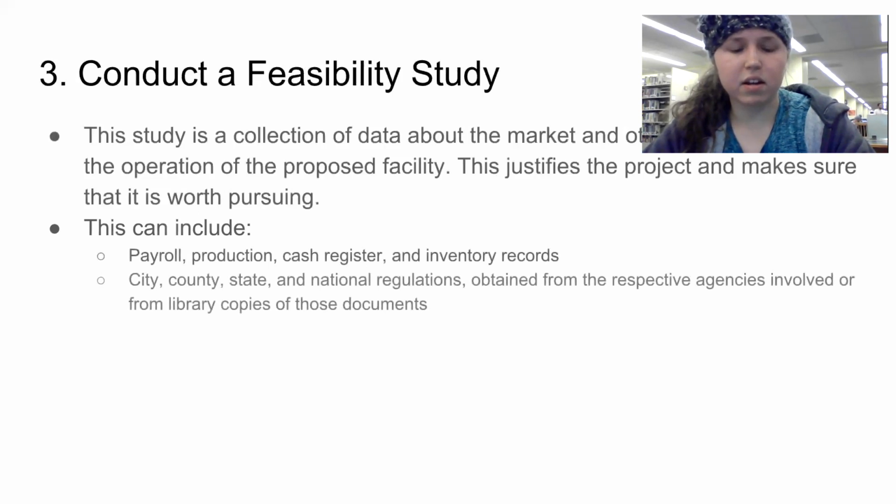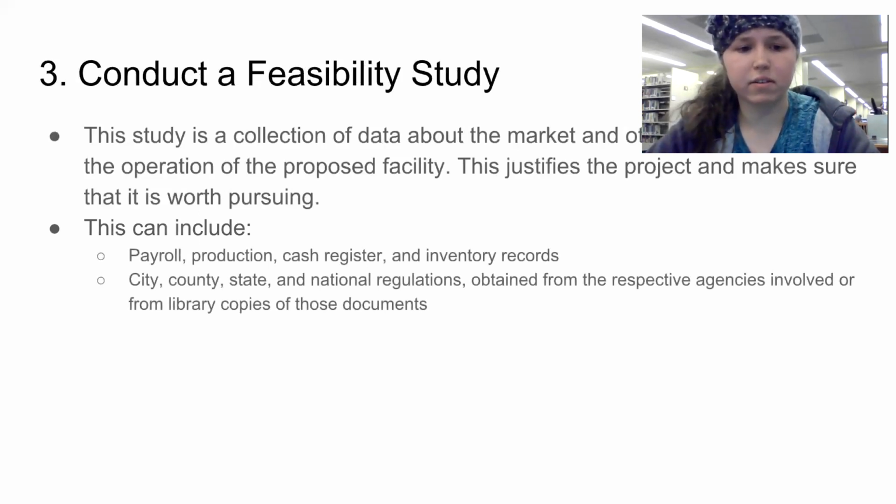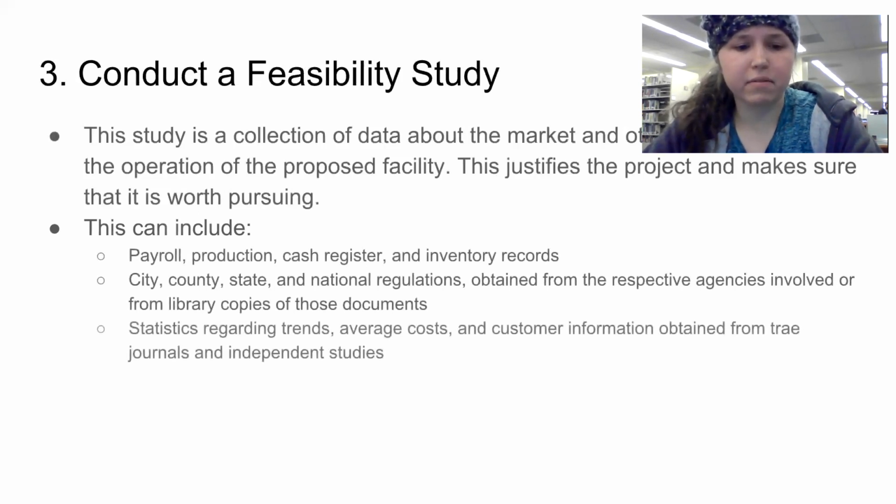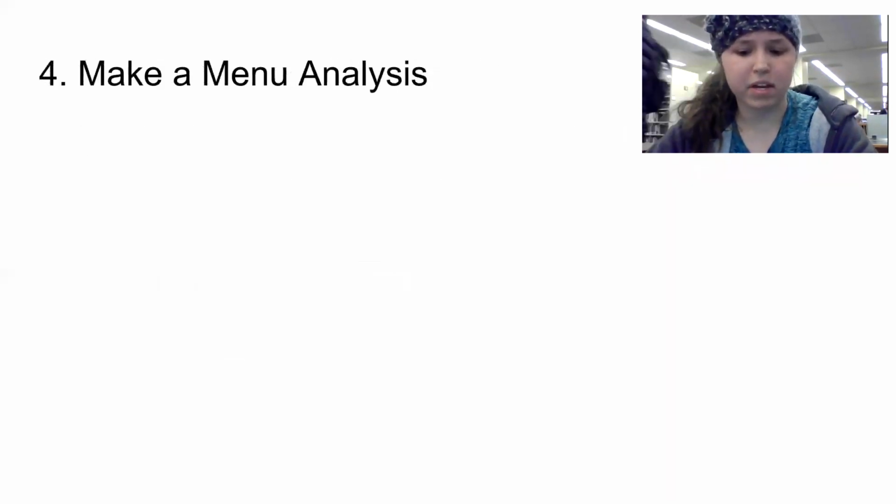You can look up regulations on the city, state, and national level, which you obtain from agencies, or you can get library copies of these documents. You want to research statistics regarding trends, costs, and customer information from many different sources like journals and independent studies.